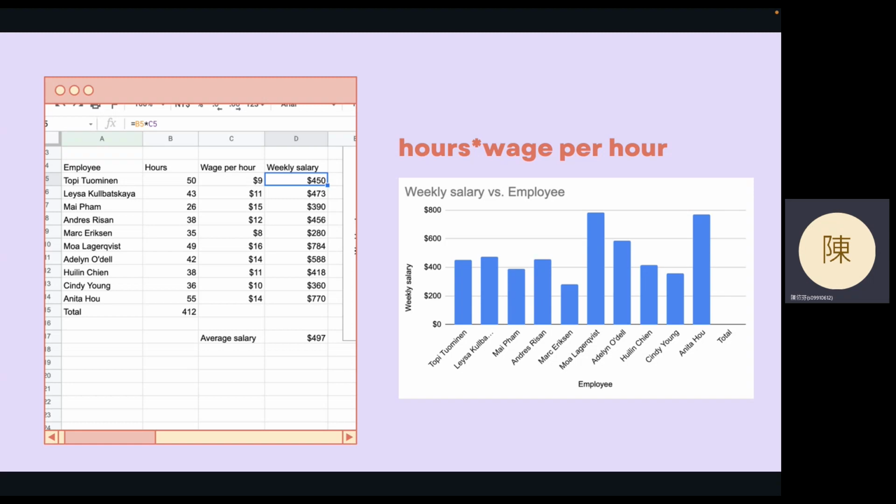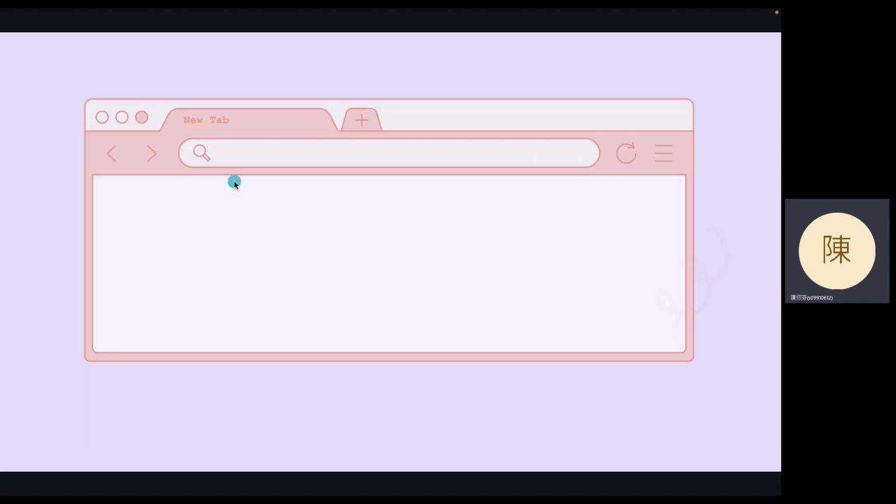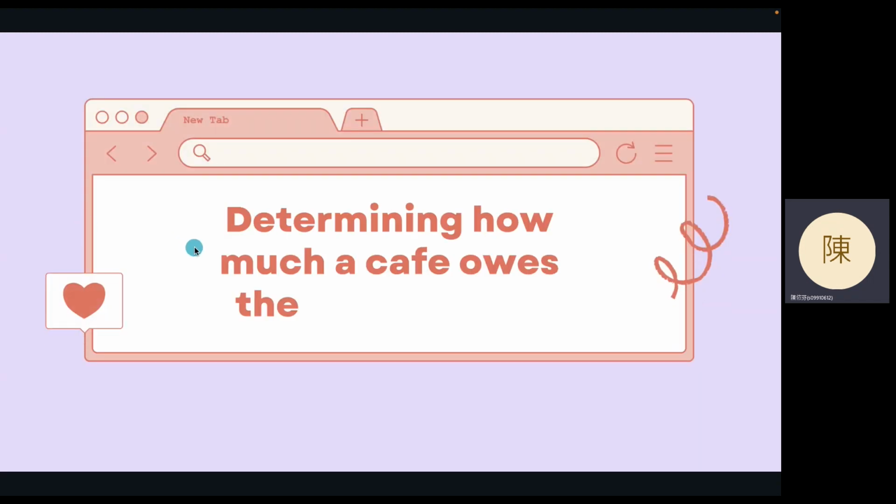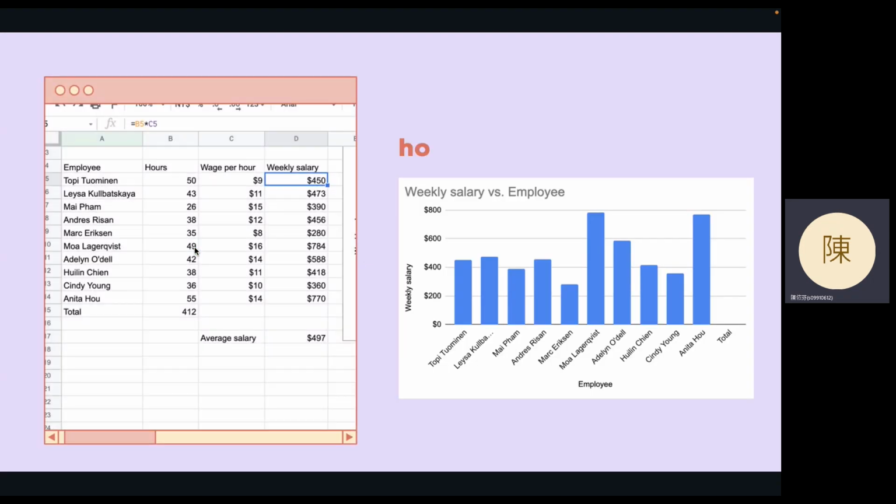To calculate the first employee's weekly salary, you need to multiply the value in cell B5, which is the hours, and the value in cell C5, which is the wage per hour. So we enter in cell D the formula equals B5 multiply C5.